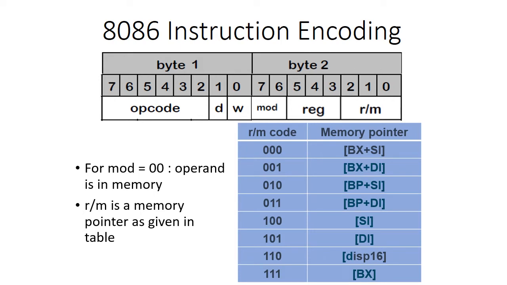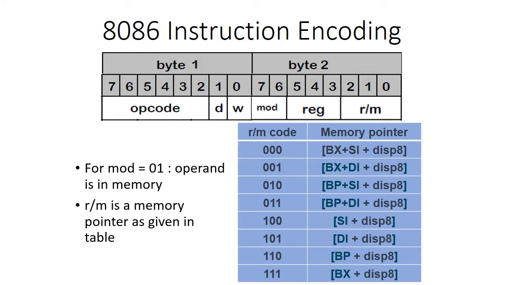The 16-bit address of the operand follows the addressing mode byte in this case. The patterns 100, 101, and 111 specify indirect addressing of the operand. The pointer registers are specified as given in the table.